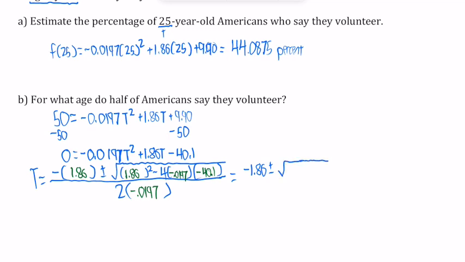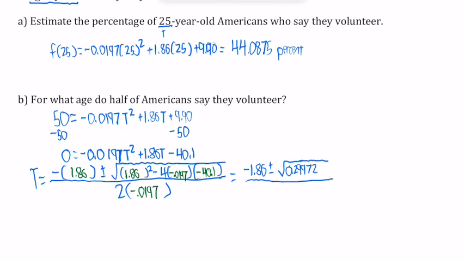And because I know I'm going to be getting a decimal answer anyway, I'm going to go ahead and calculate everything under that square root. 1.86 squared minus 4 times negative 0.0197 times negative 40.1, we have 0.29972.